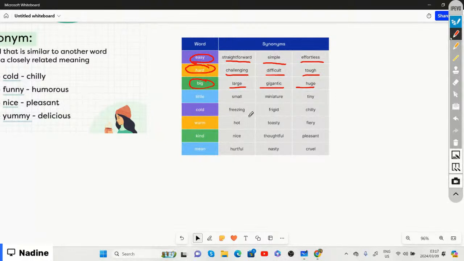Little, right? Little is the same as saying it is small, miniature, or tiny. And then cold. If I'm getting cold, that means that I'm freezing, frigid, or it is chilly.